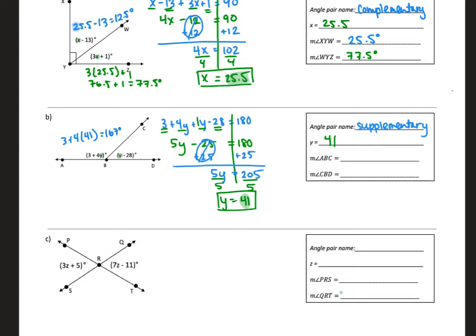So the measure of ABC is 167 degrees. And then the angle on the bottom is 41 minus 28, which is 13 degrees. Just like the previous one, since these are supplementary, these two angles should add up to 180. And if you add 167 plus 13, you get 180 degrees.